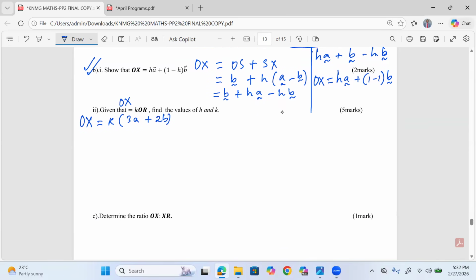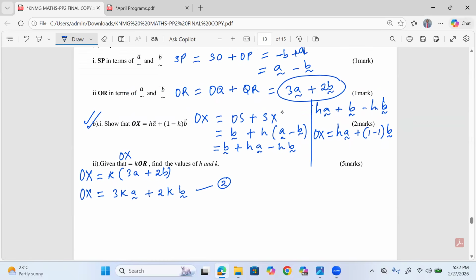That is a second expression of OX, which is now equal to 3K vector A plus 2K vector B. This is a second expression, and we had the first expression here.